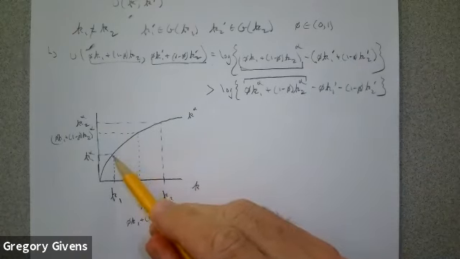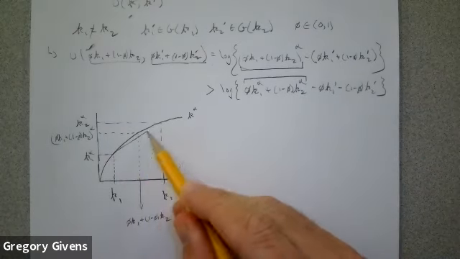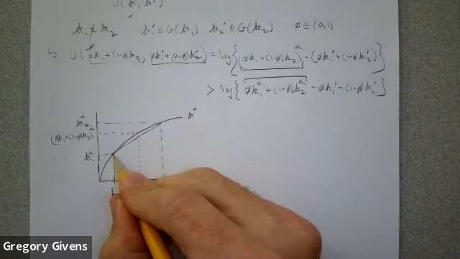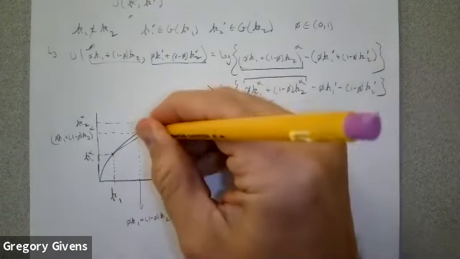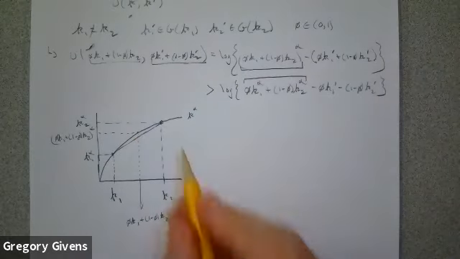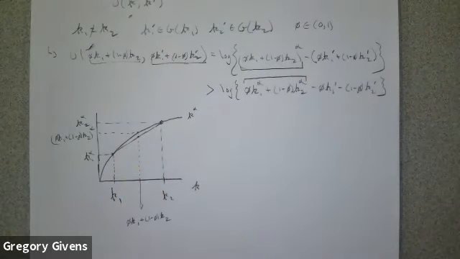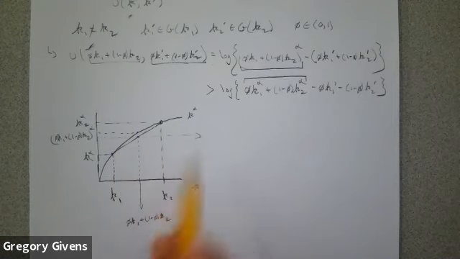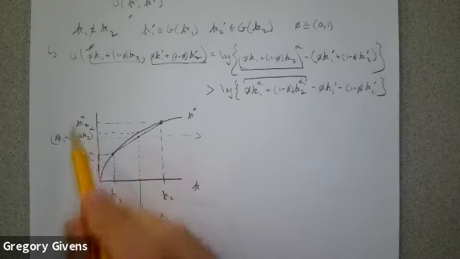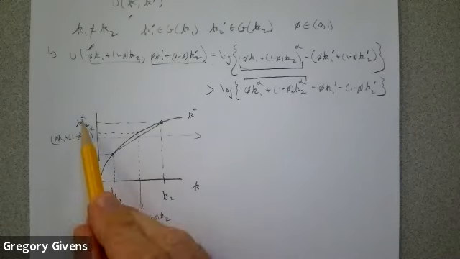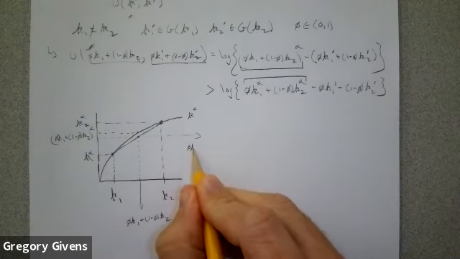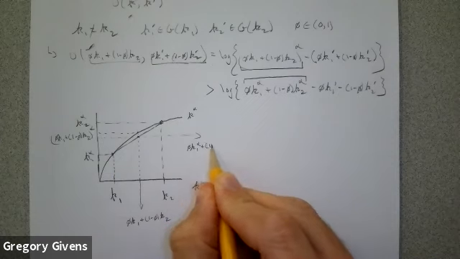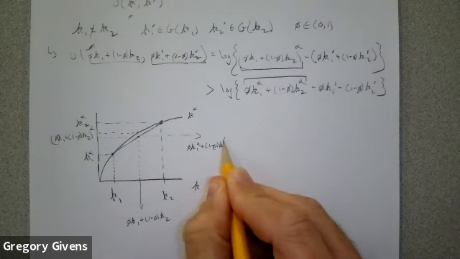Well, you'll notice that because the production function here is concave, this point is bigger than this point, right? And what does this point correspond to? That would be the average of k1 to the alpha and k2 to the alpha, right? It's phi k1 to the alpha plus 1 minus phi k2 to the alpha.